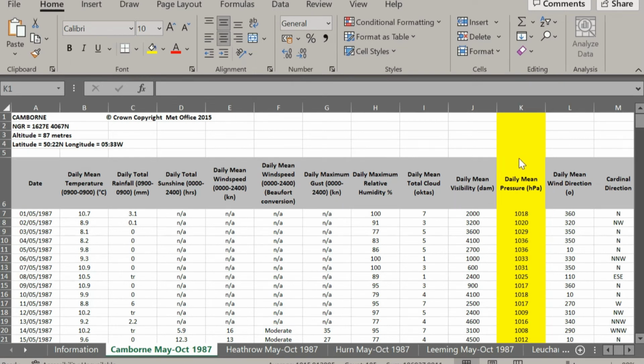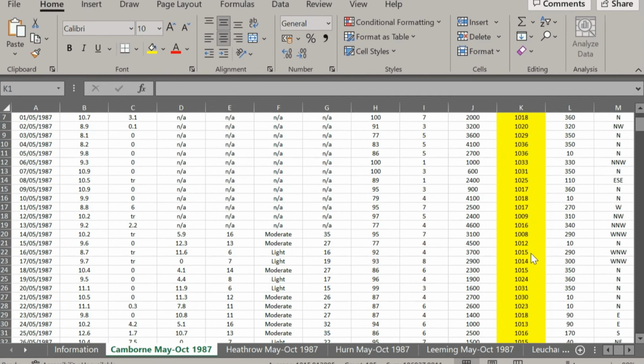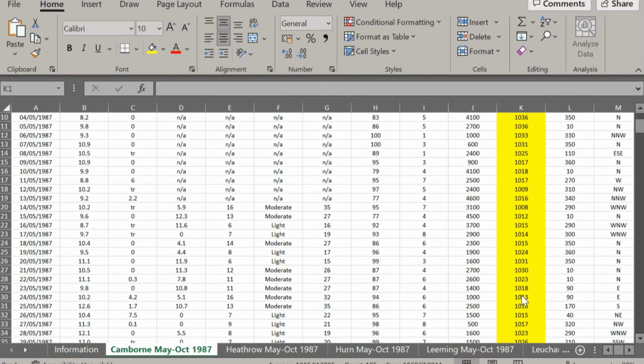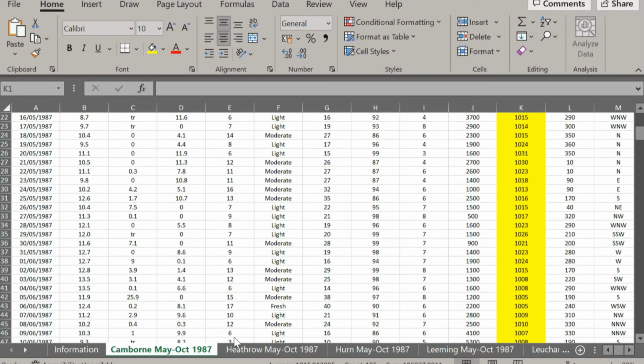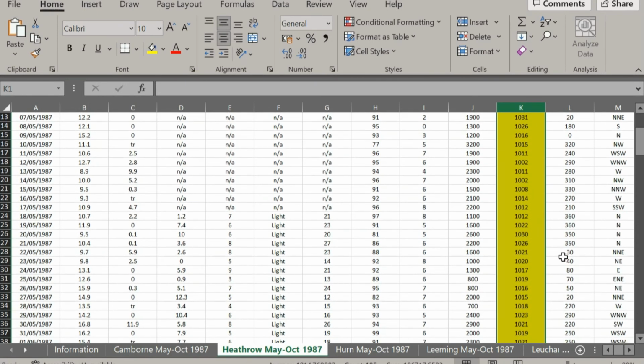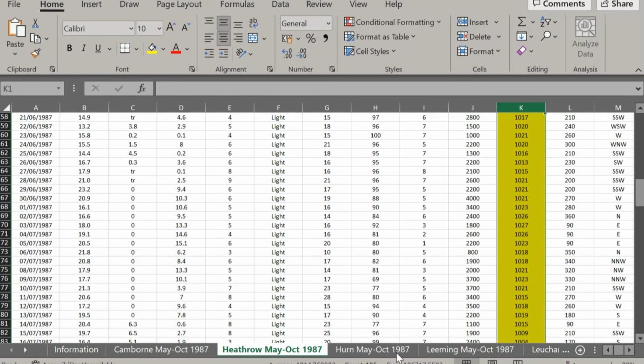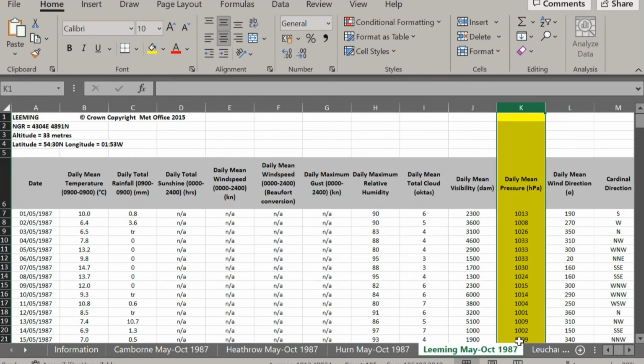Now, if we take a look at the daily mean pressure for the various locations and years, what we see here is we've got values of around 1020, and that's the same for the various locations. We've got values of around 1020. Some are above and some are below.